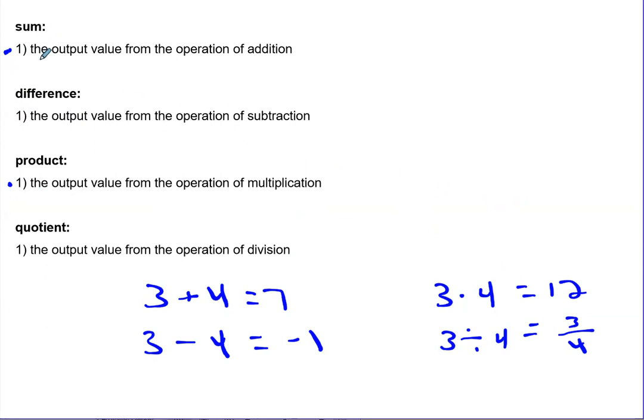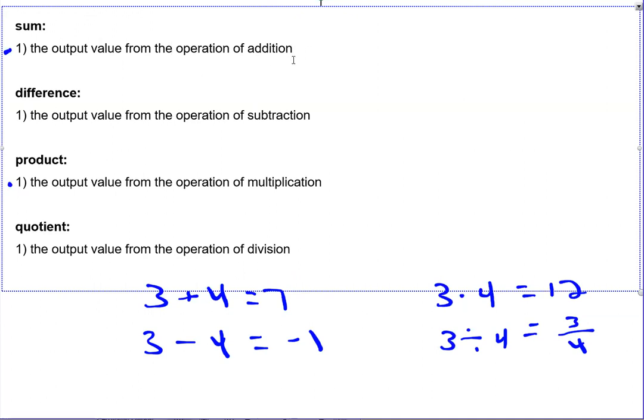But there's another way that we use all 4 of these words, and that's in a slightly more abstract sense, right? When I say 7 is the sum of 3 and 4, I'm using this definition. But I will also use the word sum to describe the whole expression.